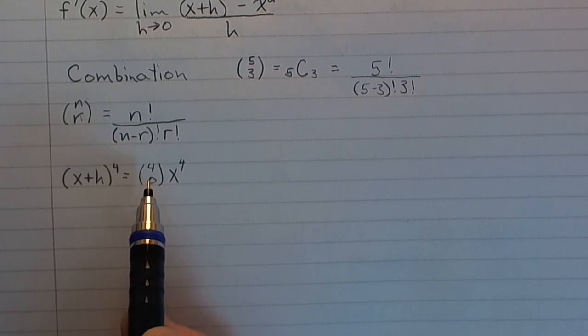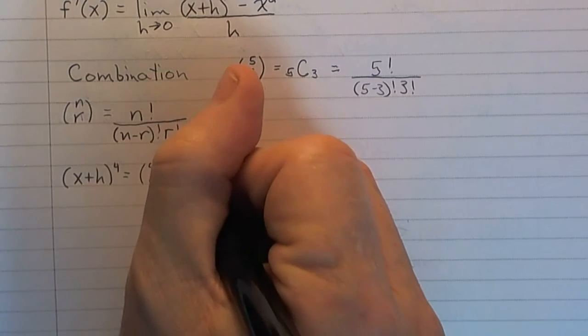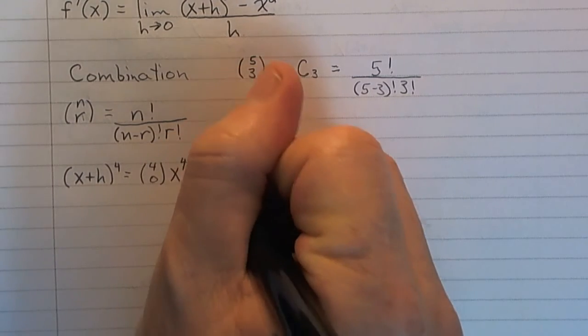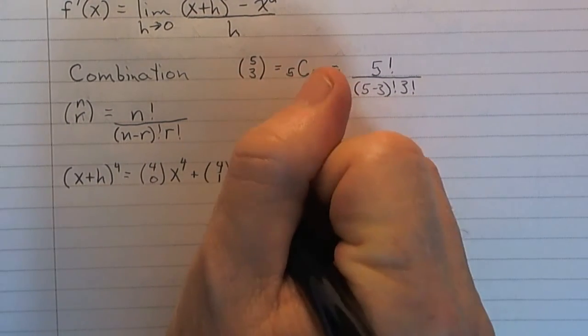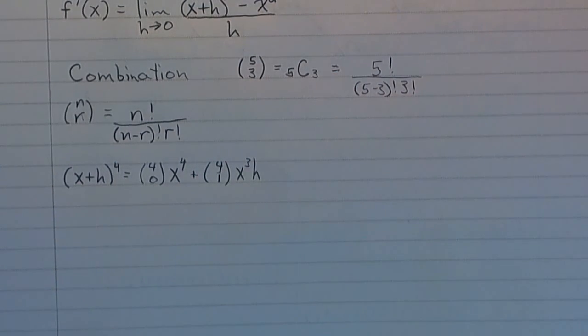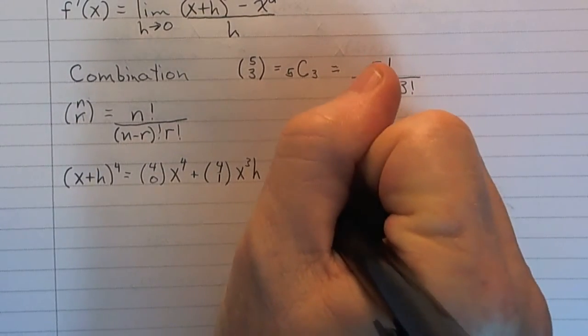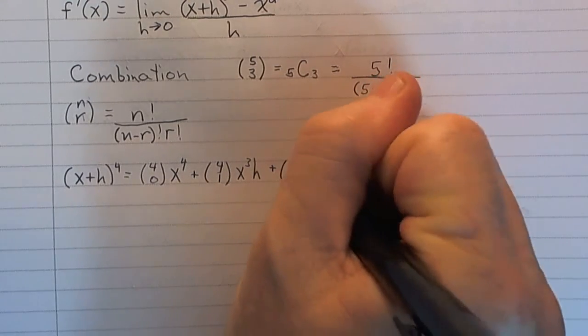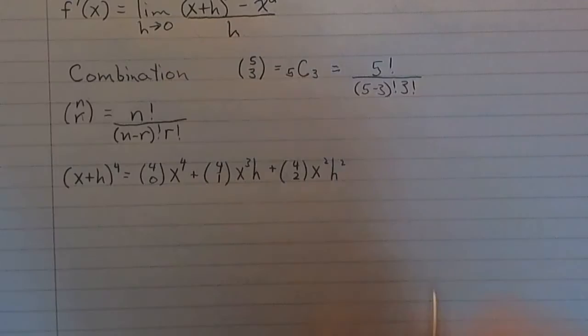We normally use, perhaps you use, Pascal's triangle to generate these coefficients. Well, the combinations do the same thing. So this right here will give you 1, and then we say, okay, now we have 4 things taken 1 at a time, and this is going to be x cubed h. And then we say, okay, this is going to be 4 things taken 2 at a time, x squared h squared. And we keep going.